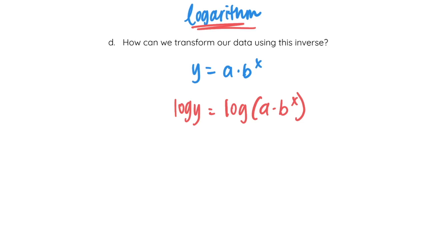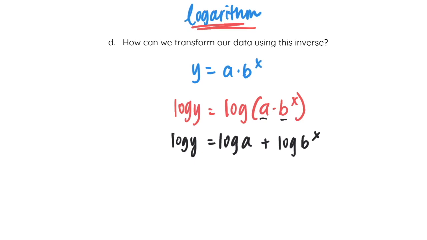equation. Okay. Now we have logarithms, but we're going to use some logarithm properties right now. When we're taking the log of two things and we're multiplying them, we actually get to expand it: we do log of a plus log of b to the x. So this is like a logarithm property. You learned it in pre-calc and in algebra 2.